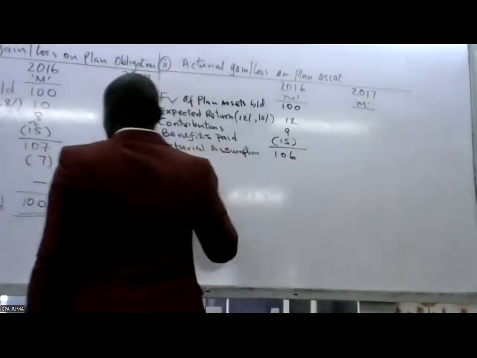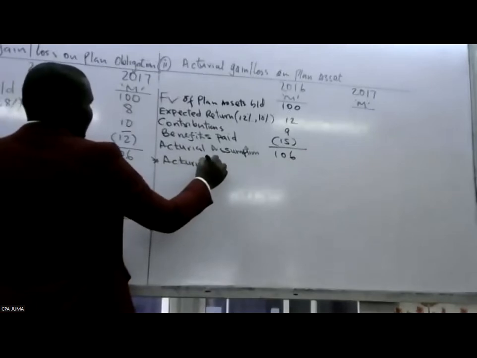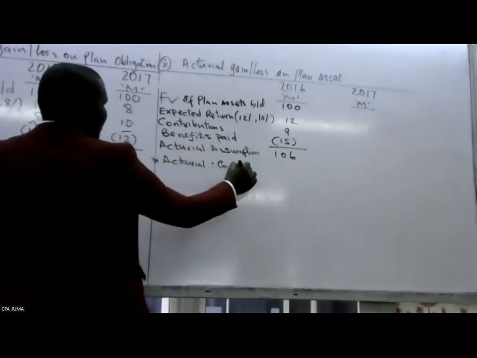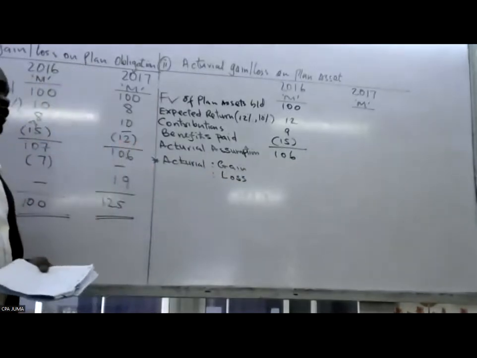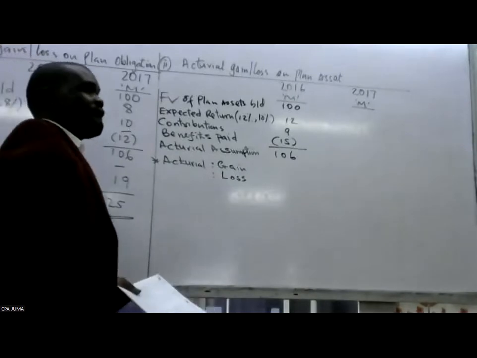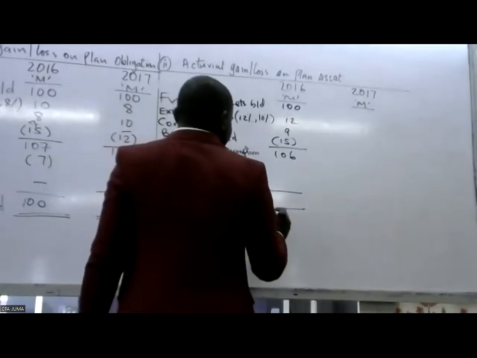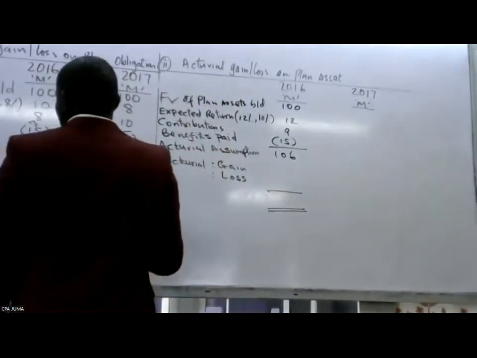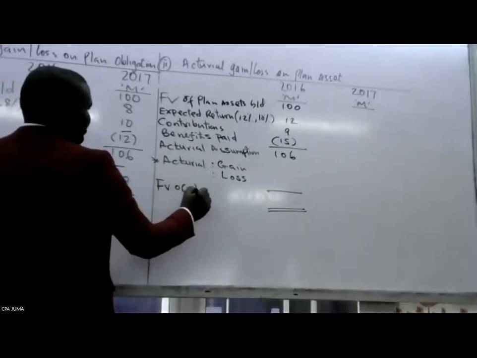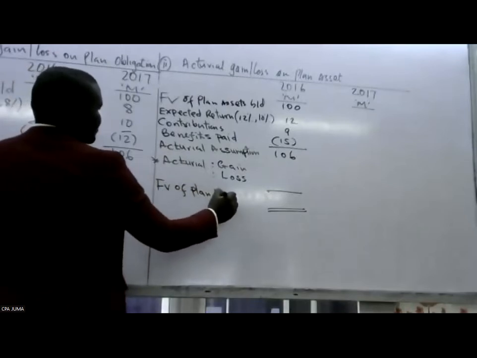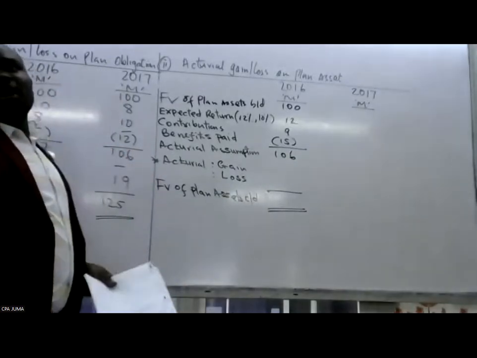The balancing figure will be the actuarial gain or actuarial loss. So you compare with the actual outcome in the scheme. So for the actual outcome, you say fair value of plan assets carried down. What was the closing plan assets?